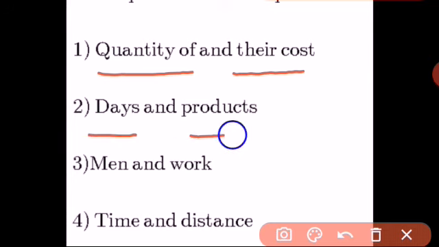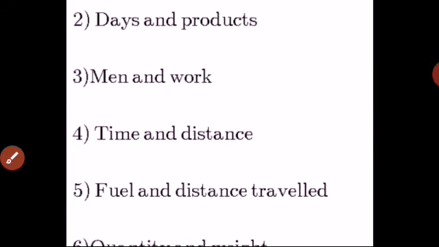Days and products: if we produce 50 pens per day, for 10 days you will produce 500 pens. As the days increase, the product will increase. Men and work: if 10 men produce 5 pens a day, then 50 men will produce 250 pens per day. That is a simple example.